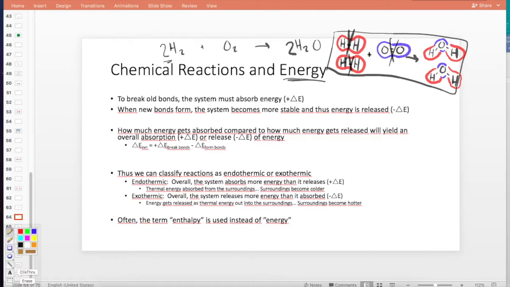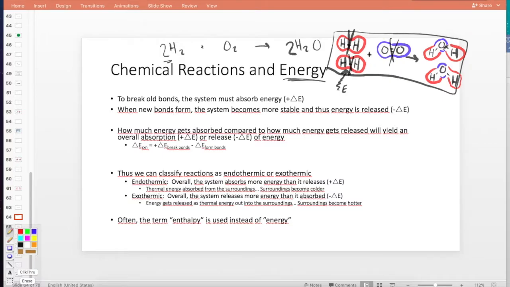The system has got to absorb energy in order to break those old bonds. To break old bonds, the system must absorb energy. So the system increases its energy content because energy has got to go in to break those bonds.